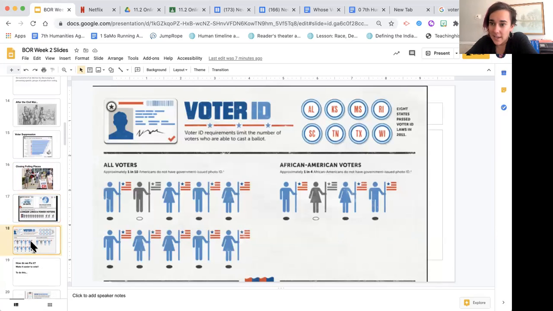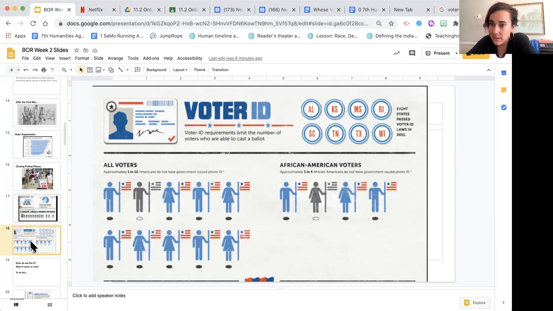Voter ID laws say that in order to vote, you have to show a specific kind of ID at your polling place. So in particular, it's an ID that has a picture and an address on it in many states. So overwhelmingly, the IDs that fit that requirement are driver's licenses and passports, right? So what's the problem with that?